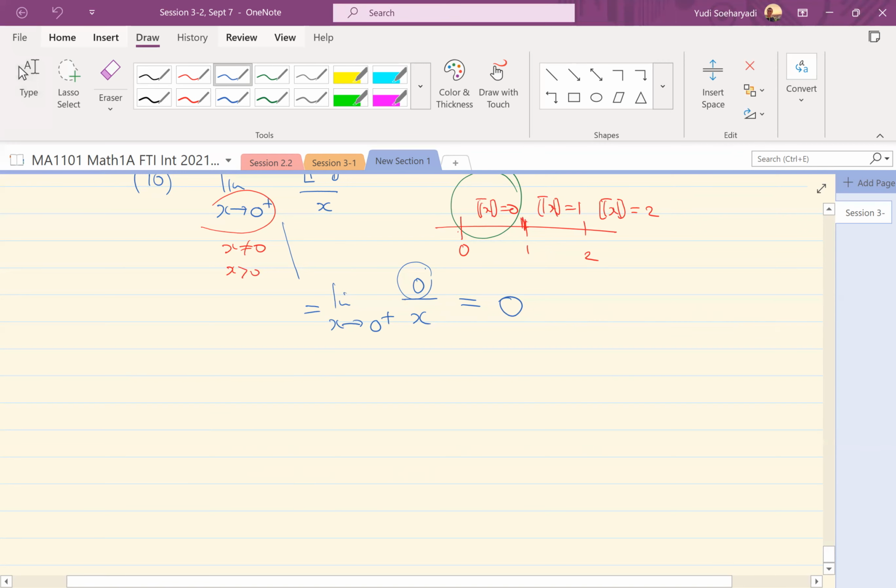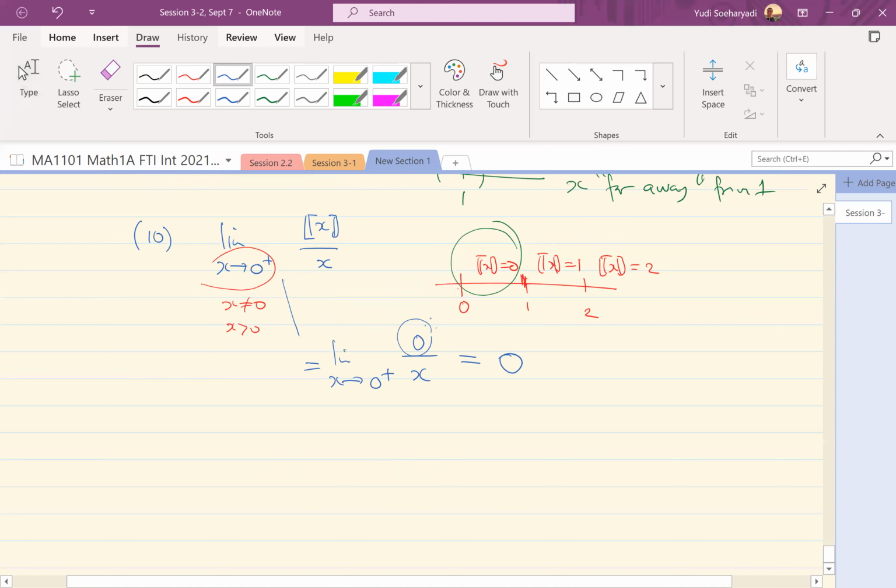This 0 here is not absolute 0. What do I mean by absolute 0? The number 0 is not the limit. 0 in the context of limit is not 0.